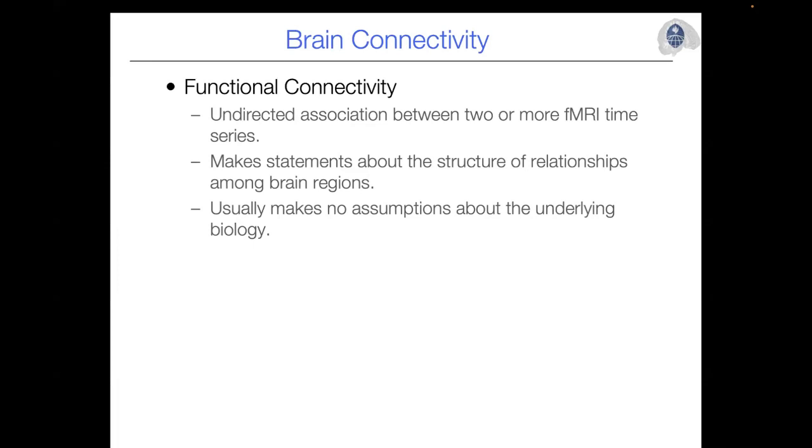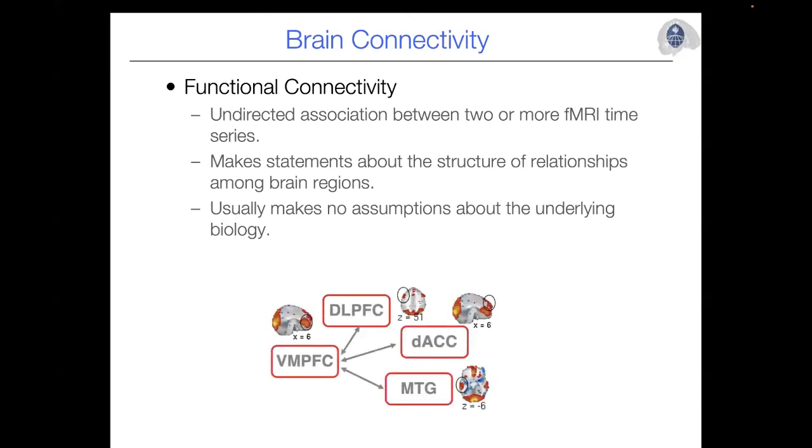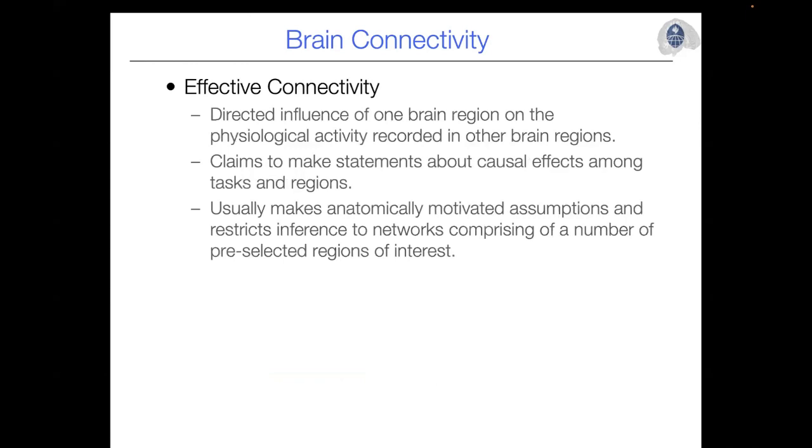It doesn't make any assumptions about the underlying biology. It's basically just a statement about correlation between two brain regions, how they go up and down together. It doesn't say anything about why this is happening. But you can make statements that, oh, this brain region is correlated with these three different brain regions, and that would be a functional connectivity study.